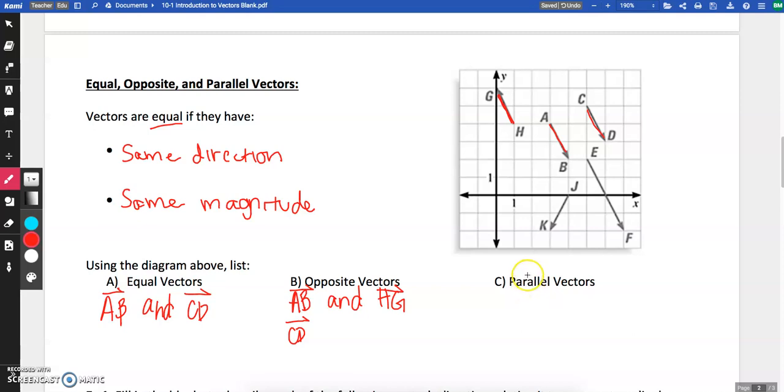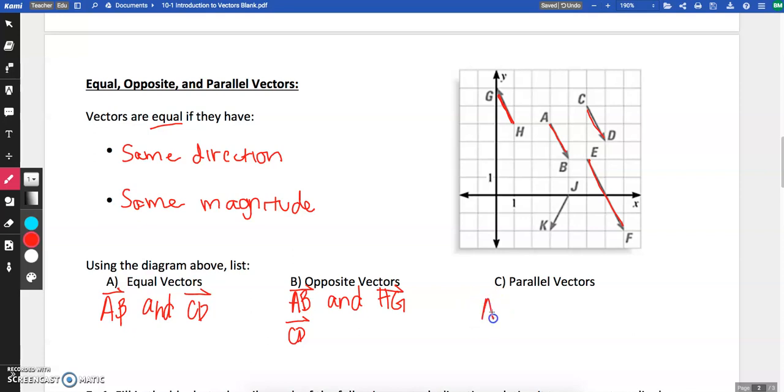And then lastly, parallel vectors. That just means that they have the same or opposite direction, but in this case, the magnitude doesn't matter, right? Here it's all about the direction. So kind of like parallel lines. So EF is a lot longer, the magnitude is bigger, but it's going the same direction as AB and CD, and it's going opposite HG.